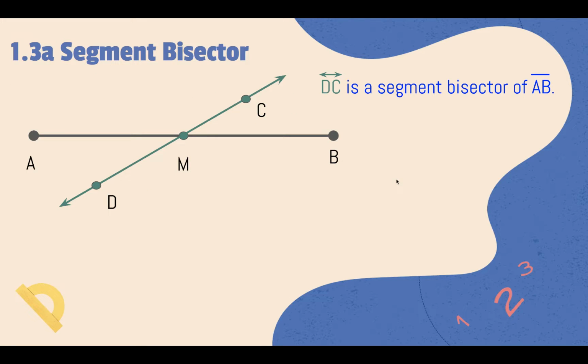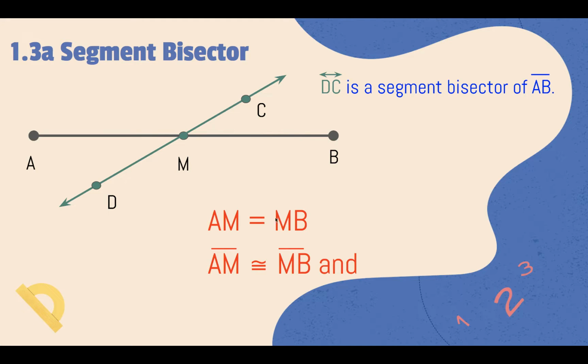So when we have this line DC that is bisecting segment AB, what do you think happens with segment AM and segment MB? What do we know about those two segments? Well, we know that AM, the length from A to M, is equal to the length from M to B. And also we know that segment AM is congruent to segment MB.